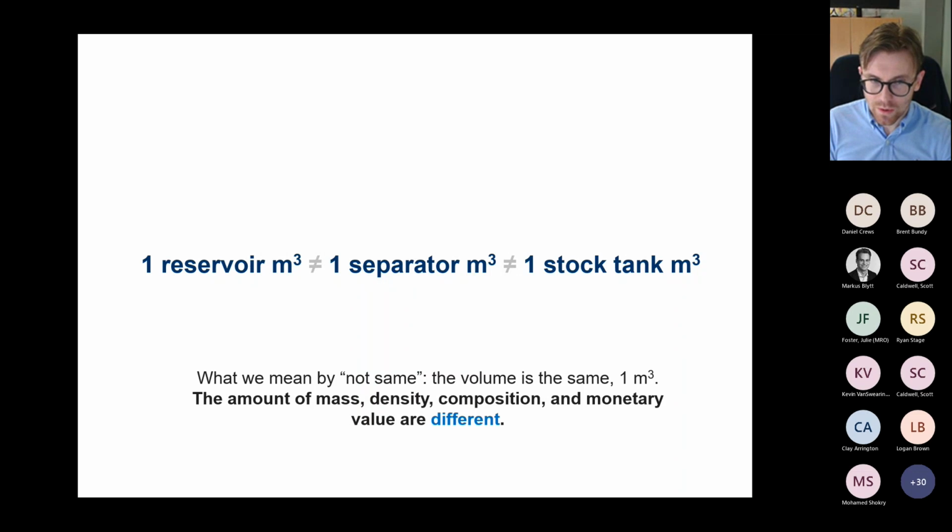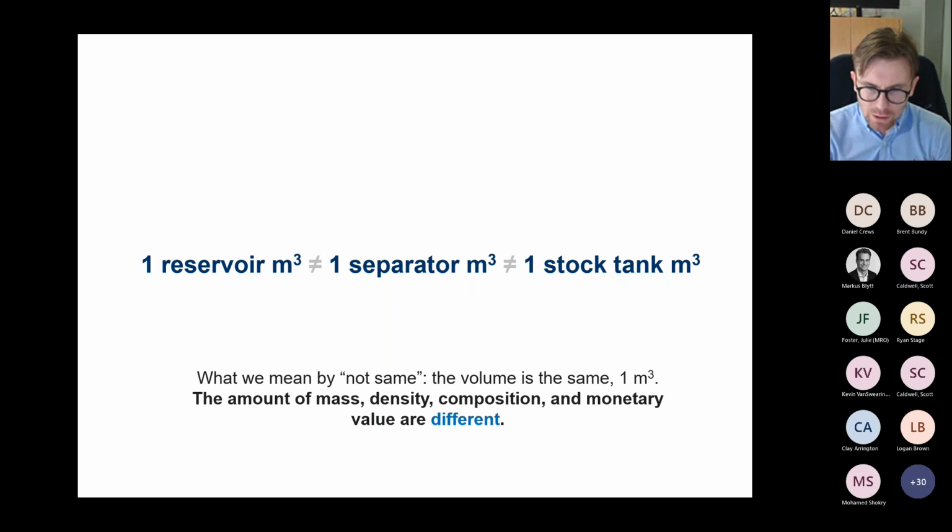A reservoir barrel of oil shrinks to the separator, and then it shrinks even further to the stock tank. This is very important for you to understand. So you'll see in the software, on purpose, we're very clear about that. We're very intentional about the use of reservoir barrels where reservoir barrels should be used, separator barrels where separator barrels should be used, and stock tank barrels where stock tank barrels should be used.